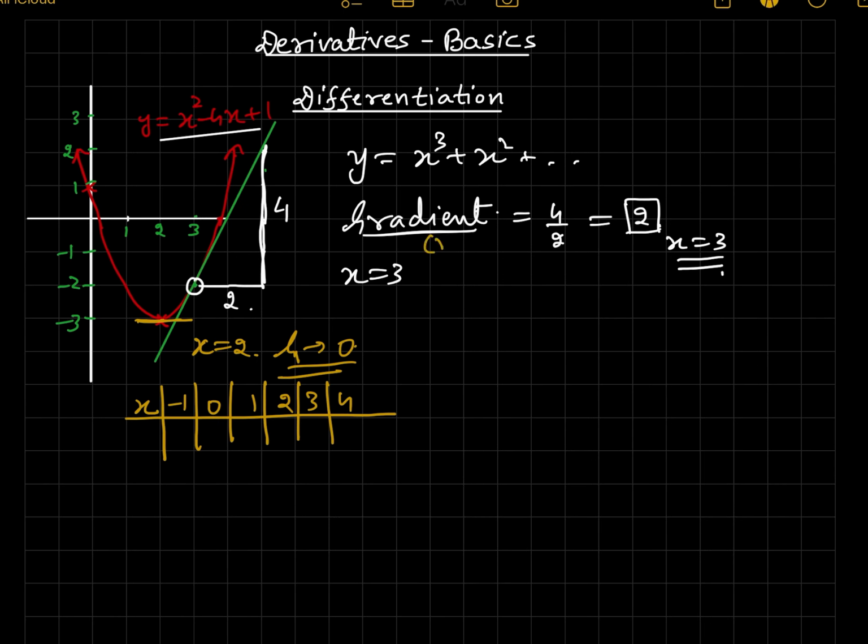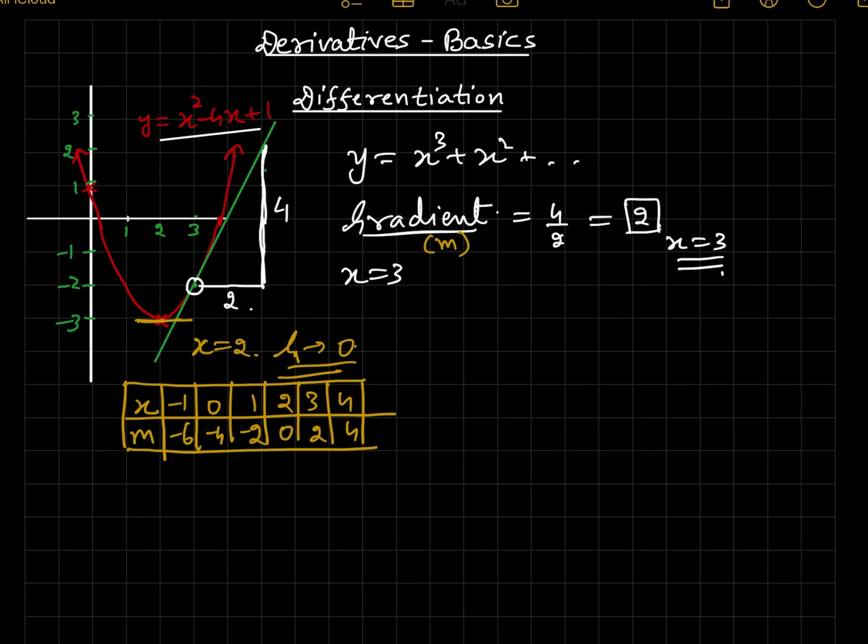Let me write the gradient as m here. My gradient would be negative 6, negative 4, and so on. I have already calculated them and am writing them here: 0, 2, 4. This way we can see the gradient of my curve at these particular points.